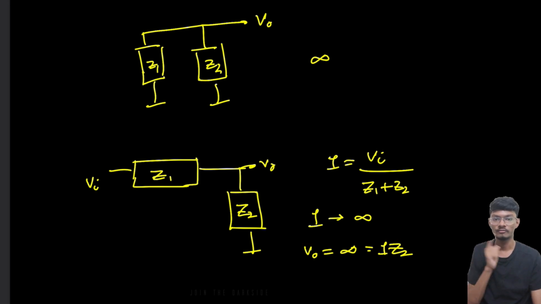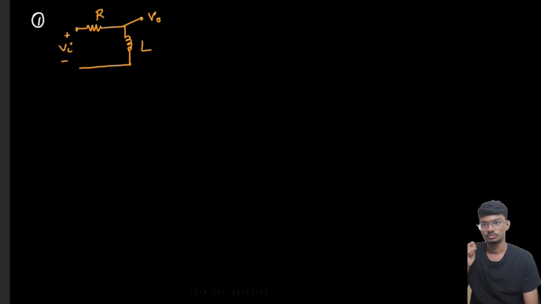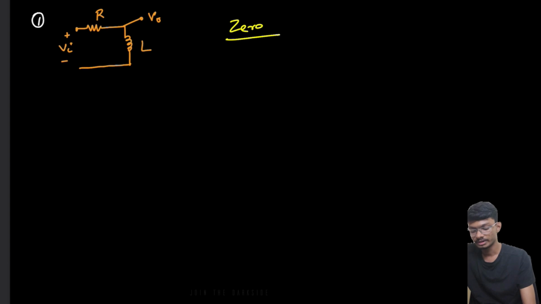Now let's go to a few examples. This is the first example, which is a basic RL circuit. First let's go for the calculation of zeros. For zeros, let's do the first thing: break the link is not possible. Why? Because z1 can't go to infinity, as this is not a function of frequency, so that option is gone.